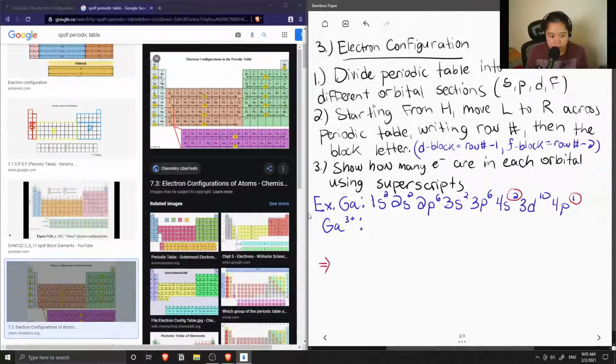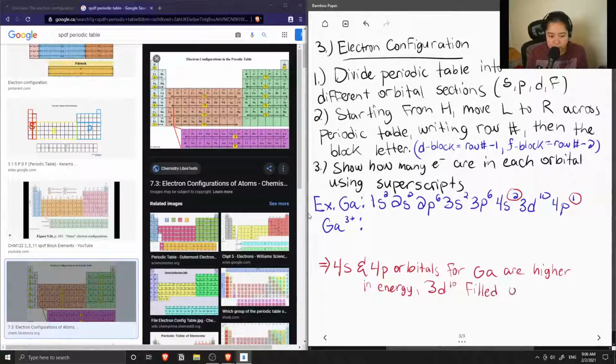And this is because our 4s and 4p orbitals for gallium are higher in energy. And it'll actually be easier to lose these electrons than it would to lose the electrons of a 3d10 orbital. So I'm just going to also add that the 3d10 filled orbital is more stable.